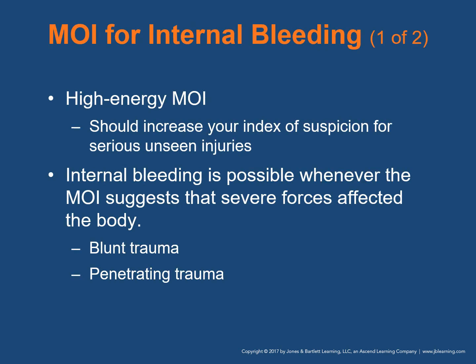How can we get internal bleeding? Well, any high energy mechanism of injury should increase your suspicion that they may have internal bleeding. Any blunt trauma can cause internal bleeding.